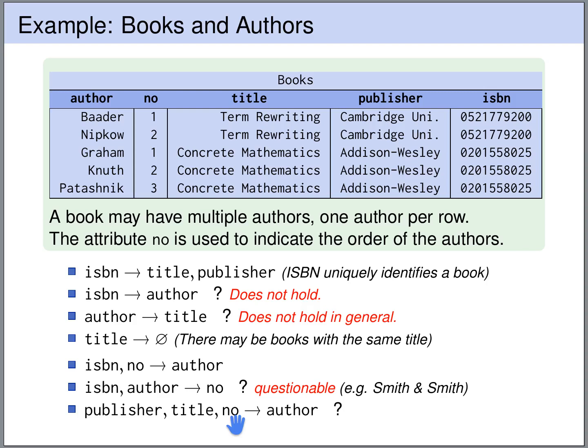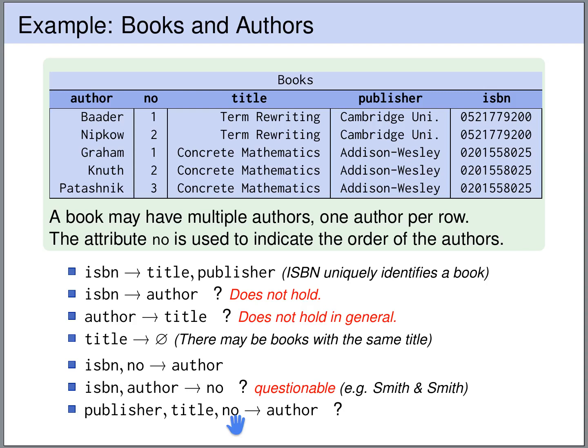Again, this is a functional dependency that is questionable because we could have fresh editions of the same book, so maybe the third, the fourth, the fifth edition, and this fifth edition maybe has the same title, but the author order may change.